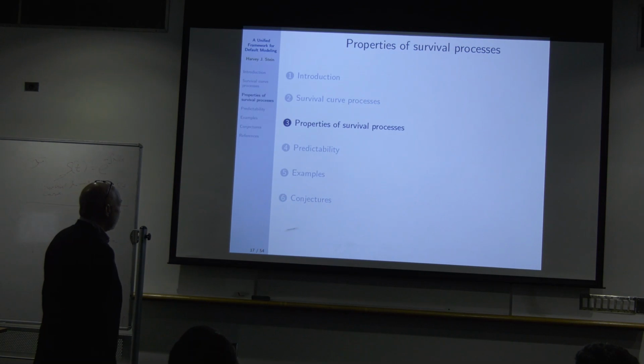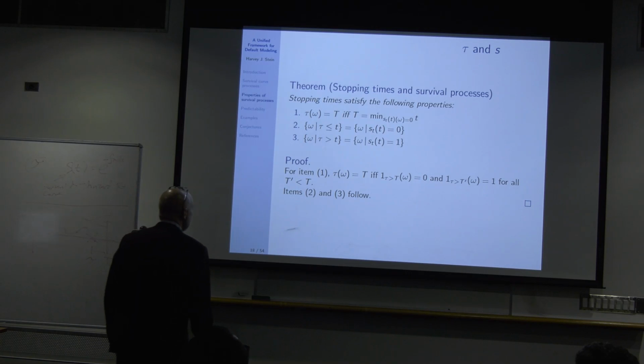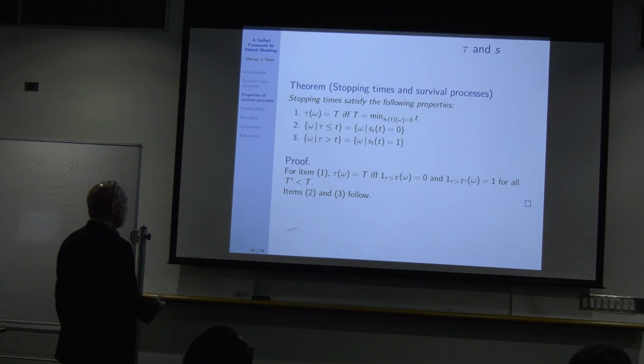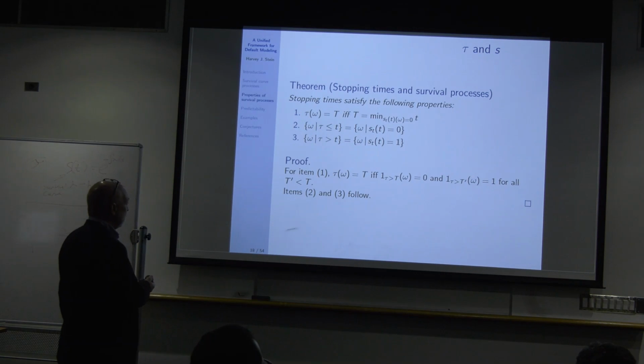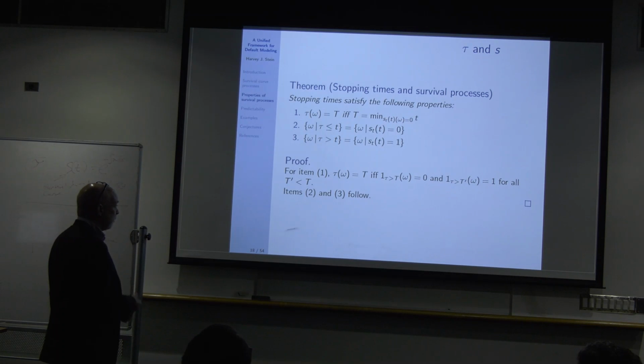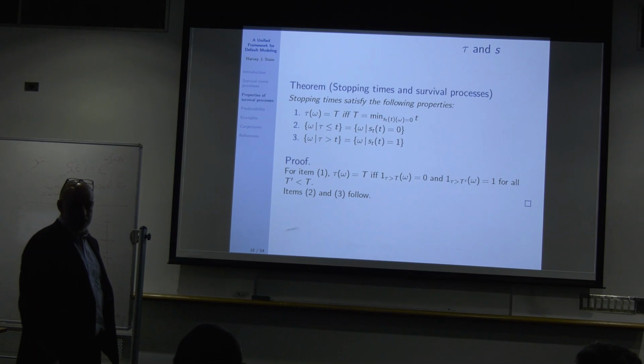Now let's talk about the properties of these survival processes. If you have a stopping time, you're stopping at time cap T in some state, that happens if and only if that's the first time that the survival probability becomes 0.